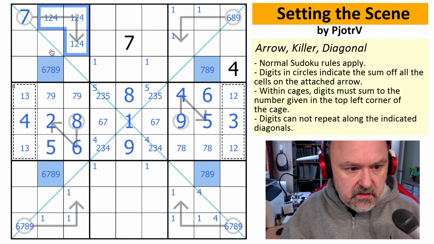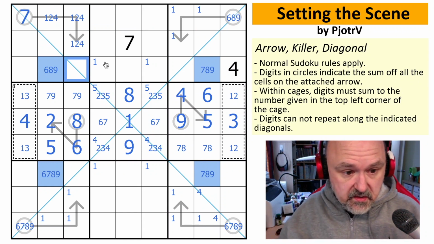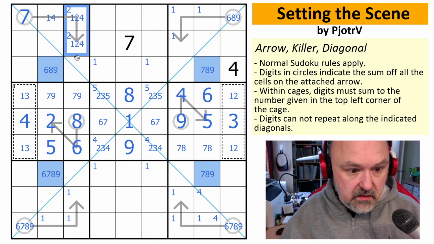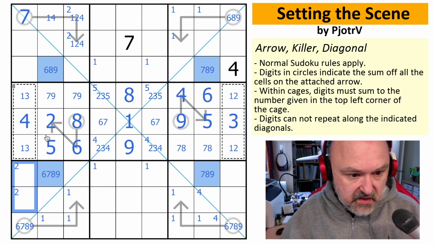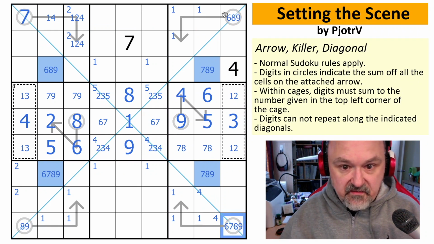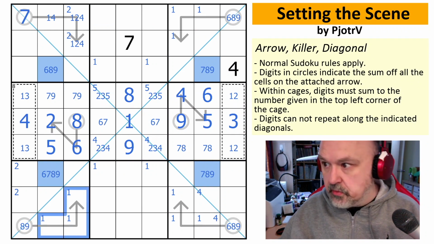Okay. So this is not 7. Okay. So we can't put a 2 there, so we must have a 2 in there, which means there's no 2 on this arrow, which means this is not 6. It's not 7 because it's with, in fact, none of these. This is not 7 either. So this is 8 or 9 without a 2.